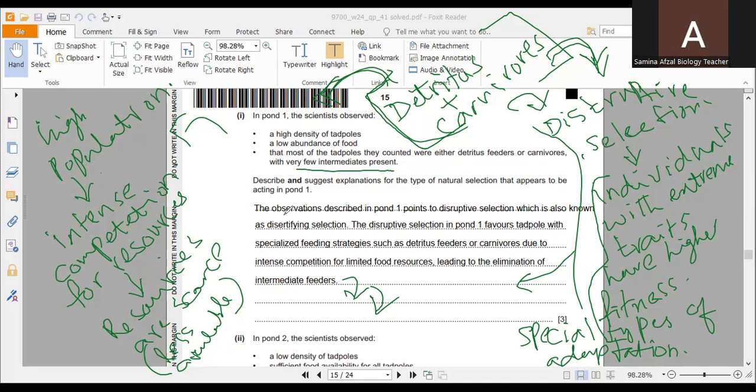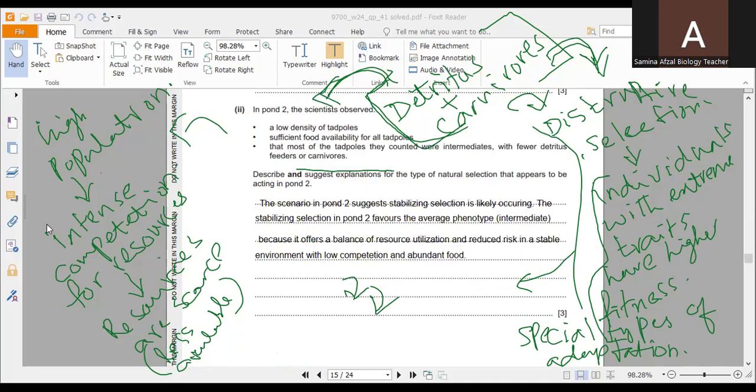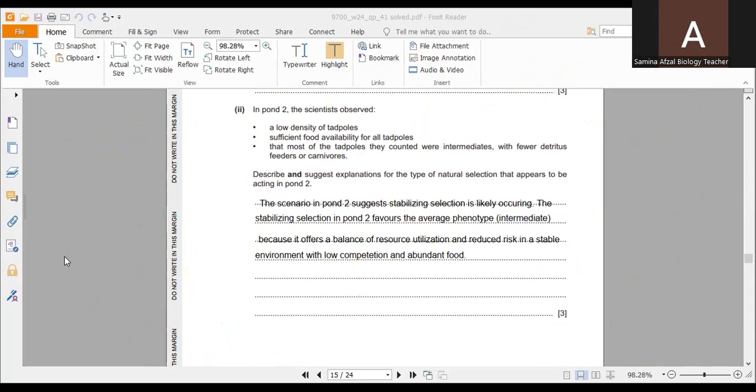Now we will move towards the next question. And the next question is, in pond 2, the scientists observed low density tadpoles. Low density tadpoles indicates less competition for resources. Low density, less competition. Sufficient food availability for all tadpoles.